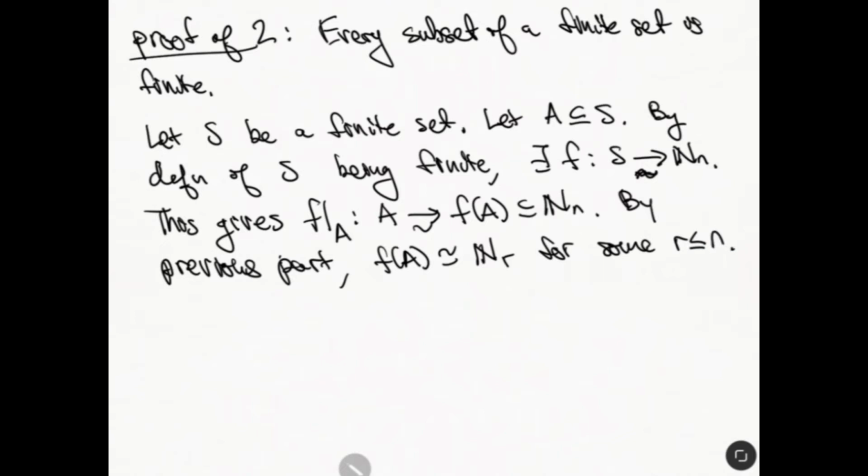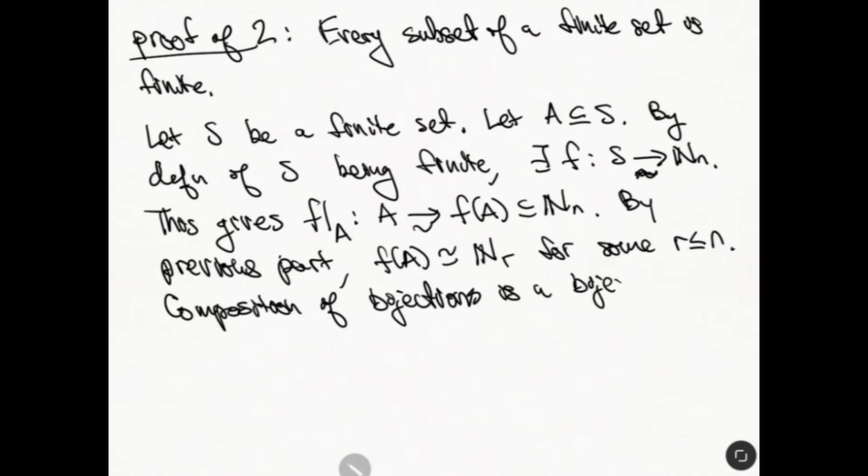That means there exists a bijection from this set to this set. Since the composition of bijections is a bijection, we get a map from A to f(A), which was f restricted to A, and then a map from f(A) to N_r, which was given by the previous lemma. This composition gives the bijection.